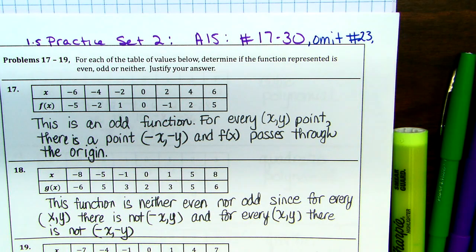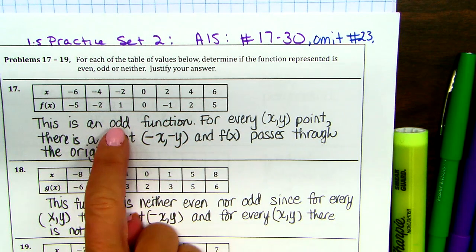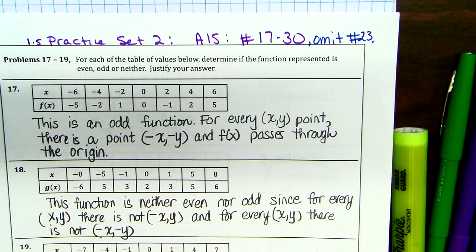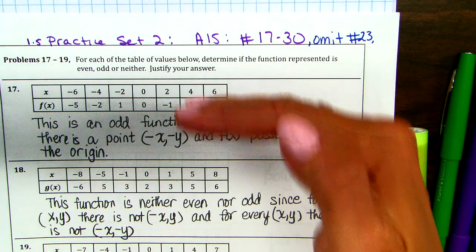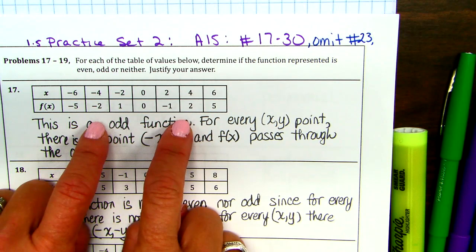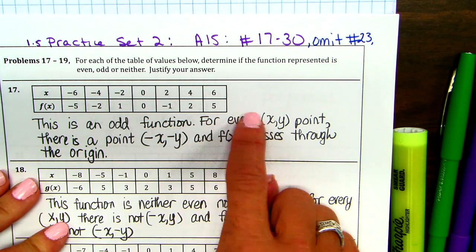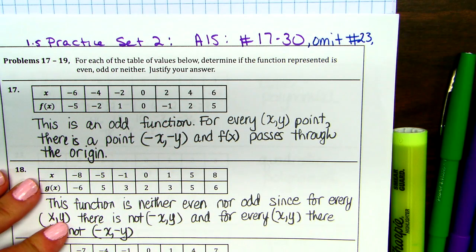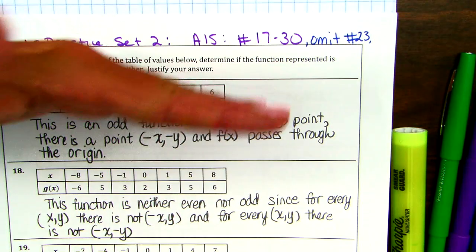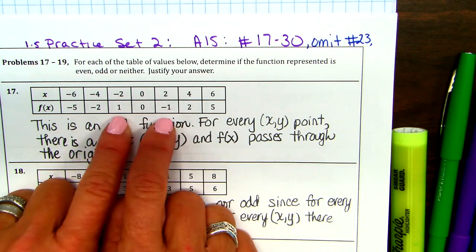Okay, so how do we tell even, odd, or neither from a table of values? Well, look at this first one. We already know it's odd because we're looking at the key, but here's why. Look at how the y values compare on either side. You have your x values, and then look, the y values all change.